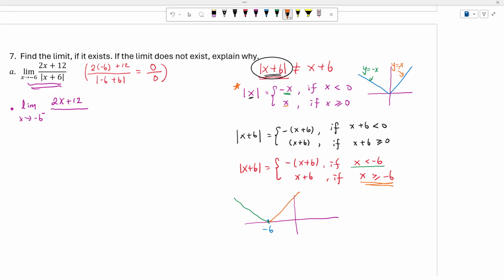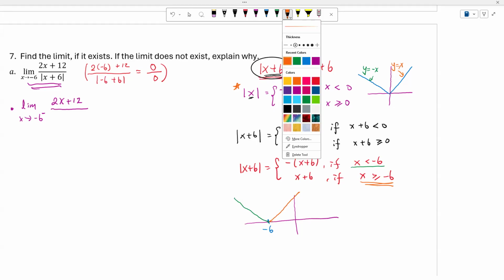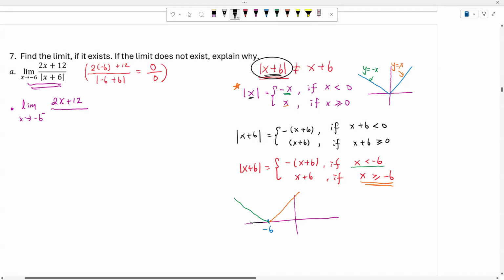So now, if I have x approach negative 6 from the left-hand side, then I'm going to work with the green line right here, which is this one. So I'm going to replace the absolute value of x plus 6 with negative x plus 6.